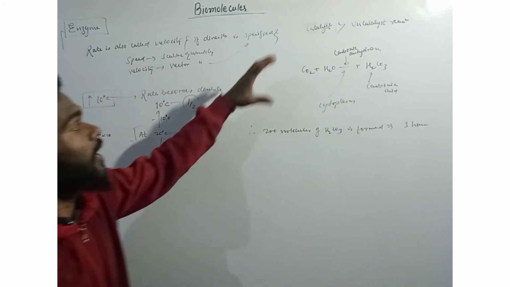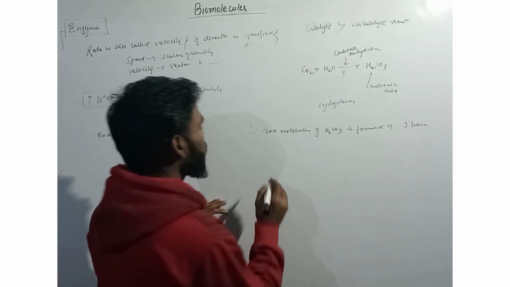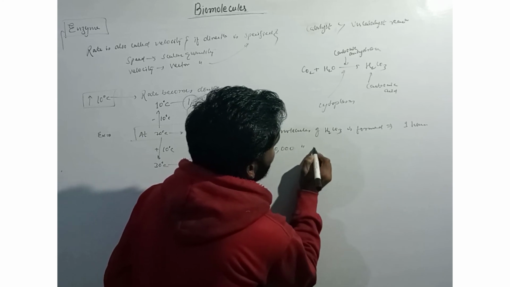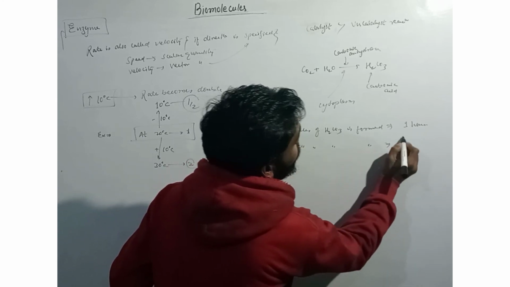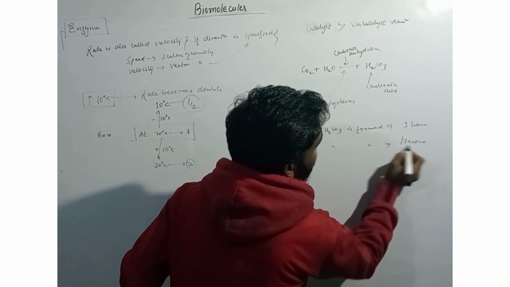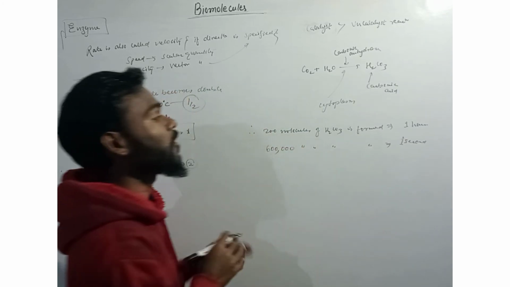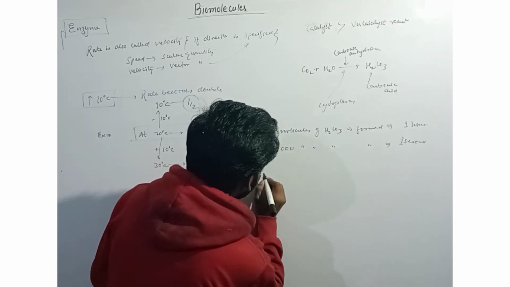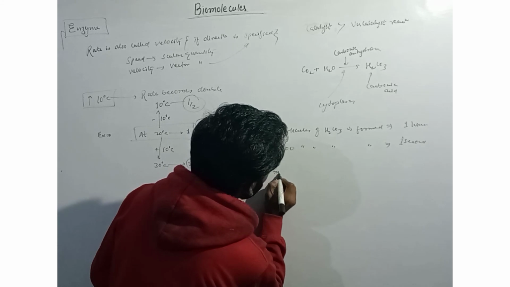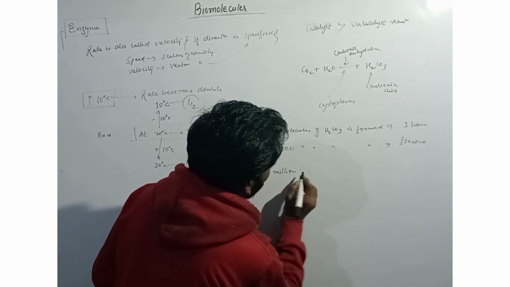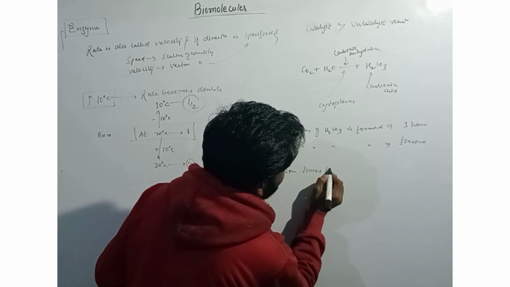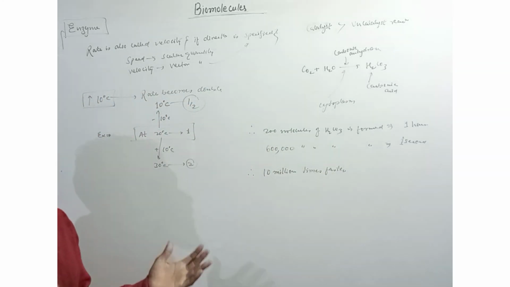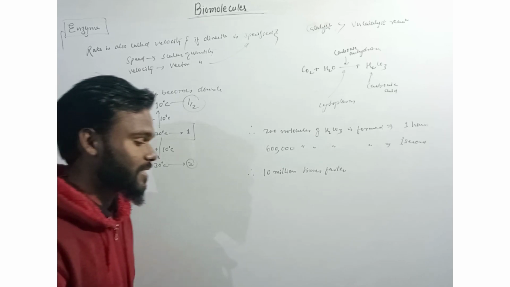But in the presence of carbonic anhydrase, 6 lakh molecules of H2CO3 are formed in 1 second. So it dramatically increases, 10 million times faster. The power of enzymes is incredible indeed. Without enzymes, life cannot be sustained.